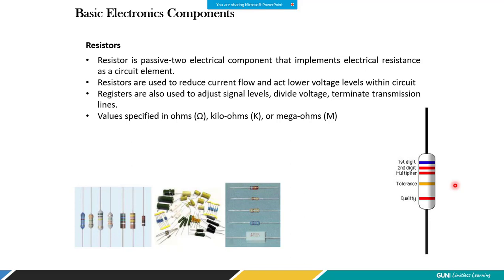That means in that circuit, I need to put a specific resistor with a specific value, either in ohm or kilo ohms or mega ohms, right? And that's where this resistance will come into the picture in every IoT circuit that we are going to build, right?